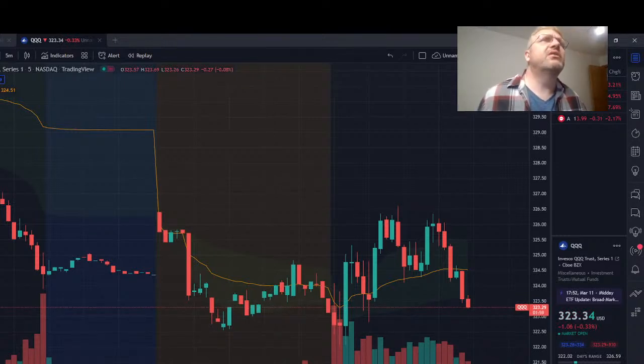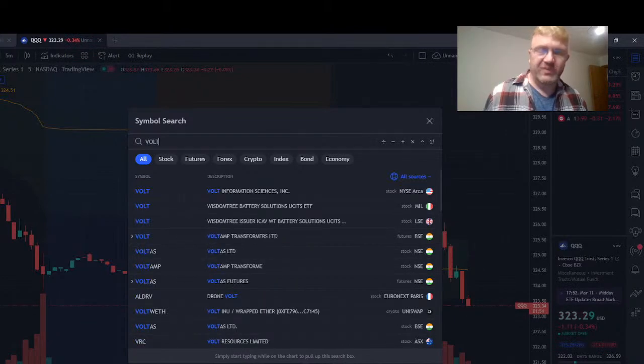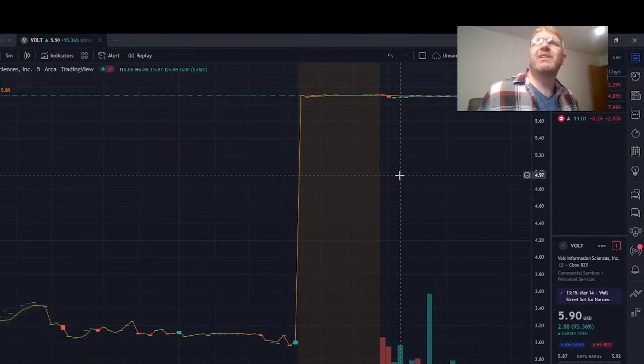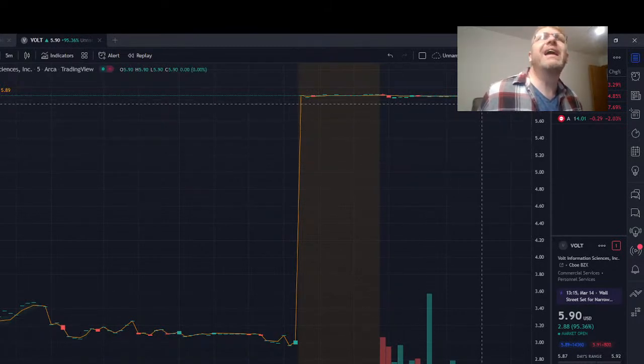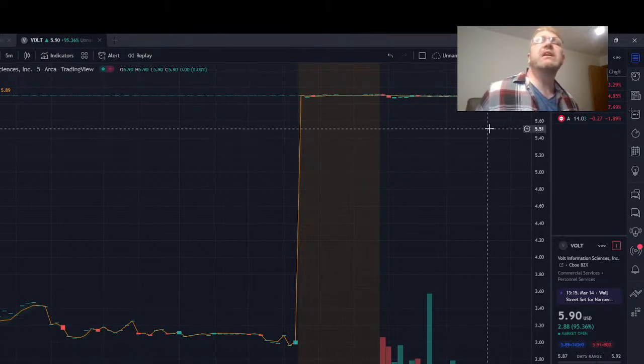Vault. Let's have a look at Vault. I think this was one from earlier. No, there's no volume there. There's no volatility there. Basically, this is an acquisition. Vault has agreed to an acquisition, and that's why it gapped up. It went from $3 up to, it's going to be sold for $6 a share.